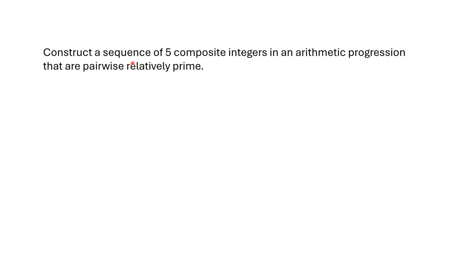So we want to find 5 composite integers in an arithmetic progression, so they're separated by the same distance, and they're relatively prime. So even though they're composite, they're relatively prime, or co-prime, in the sense that they don't share any divisors.